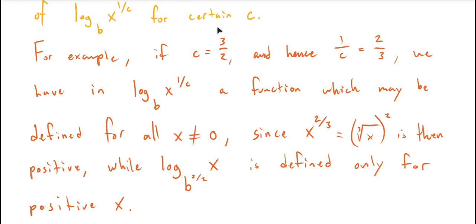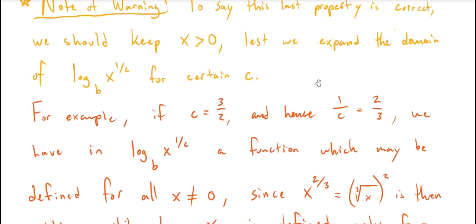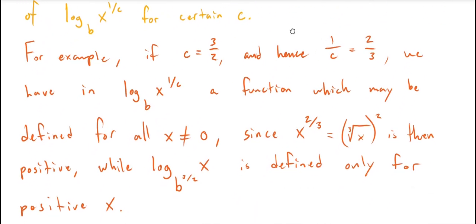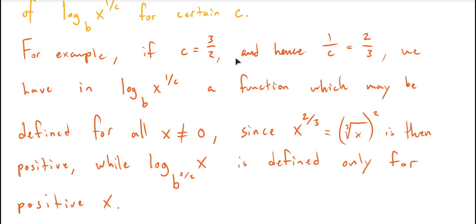And that's because for certain values of c, we might wind up with sort of an expanded domain. I'll clarify that with a graph, but let's just consider if I was talking about 3/2. If c was 3/2, 1 over c was 2/3. Then if I said log base b of x to the 1 over c, this is a function which you could define for all non-zero x's.